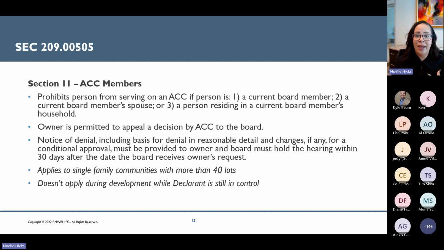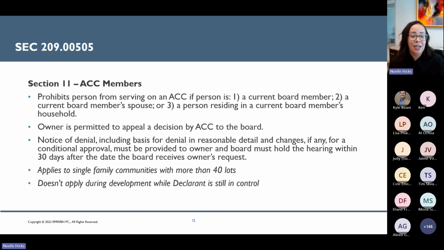Now, this comes into play if there are more than 40 lots and the development period has already ended. So specifically, and this is something that we always like to point out, a person serving on the ACC cannot be a current board member. They cannot be married to a current board member, and they can't be living in the same house as a current board member.